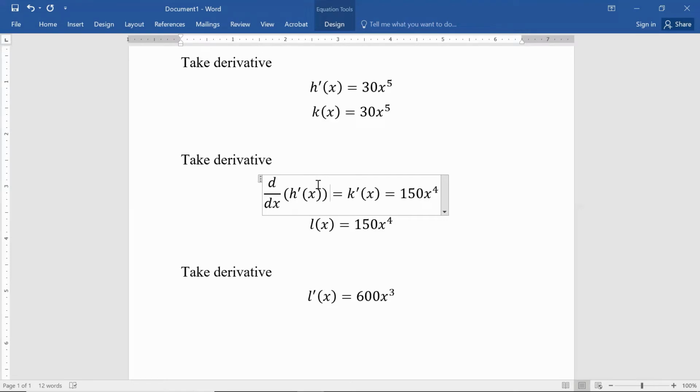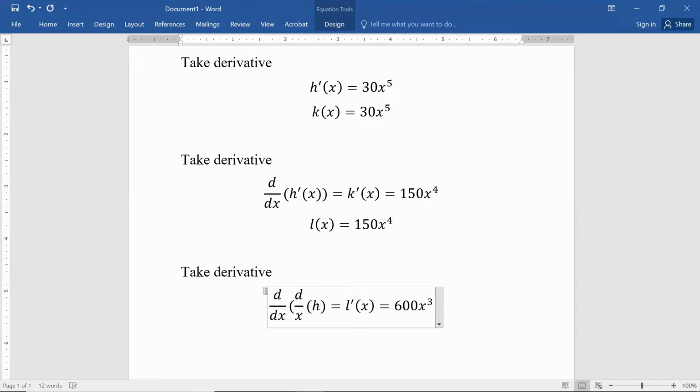And the L of x was simply the derivative of a derivative of h prime of x.